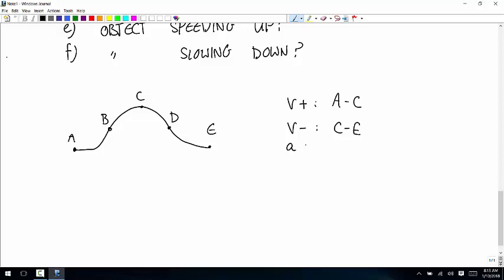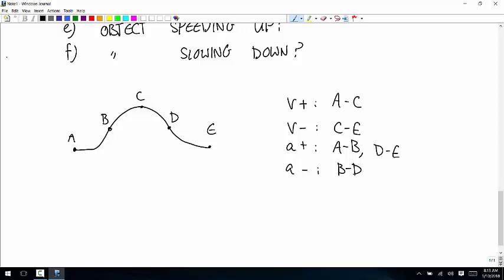So the acceleration was positive when it's concave up, so A to B and D to E. The acceleration is negative when it's concave down, so B to D.